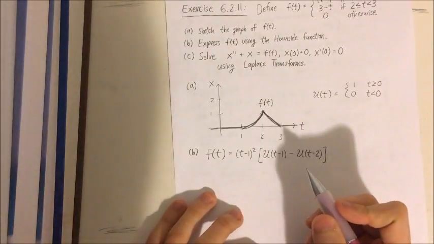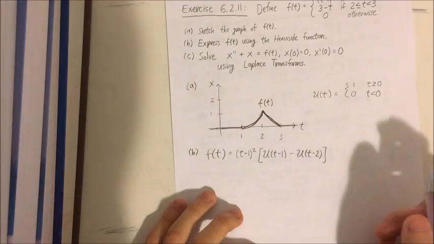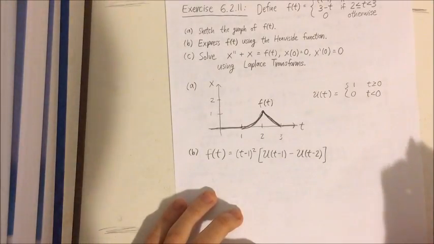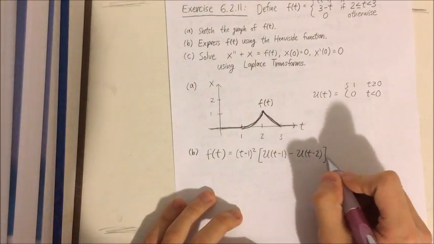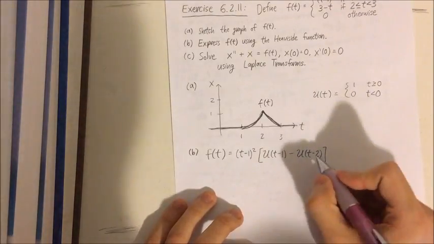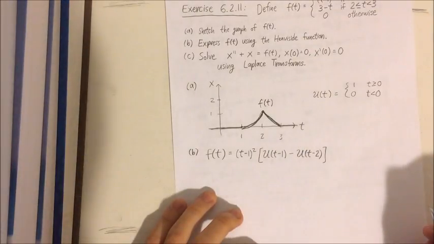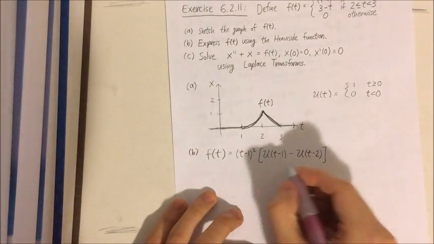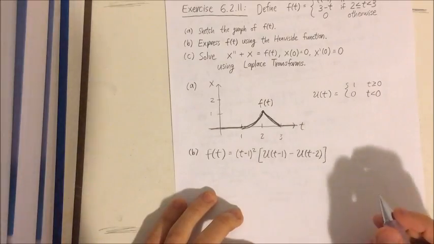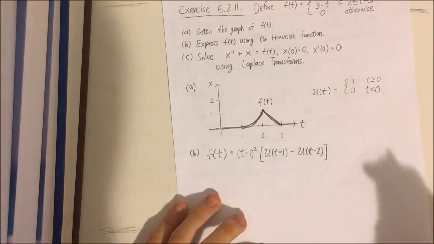In order to turn it off, we want this indicator function to go back down to 0. So at t equals 2 we subtract this, because it's going to be 0 before time t equals 2. But at t equals 2, t minus 2 is going to be 0 or above, so it will have the value of 1. These will both have the value of 1, they'll cancel out, and this will be 0. So that's why this turns it off. So that's our indicator function over here.